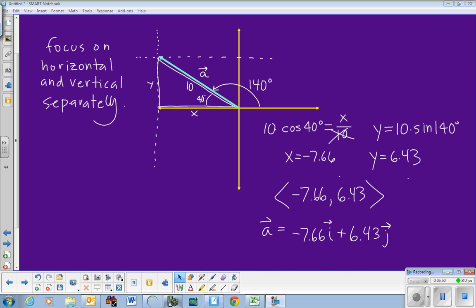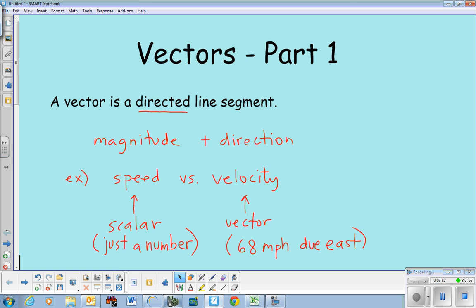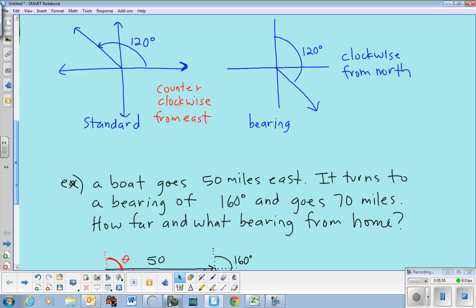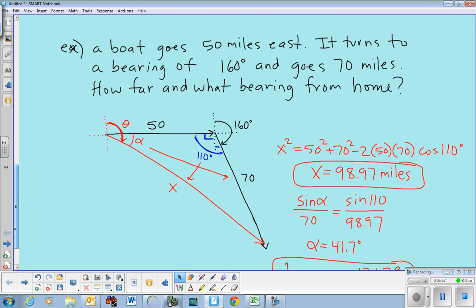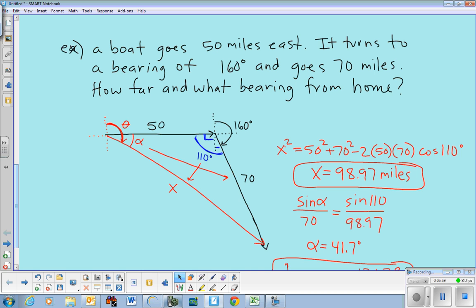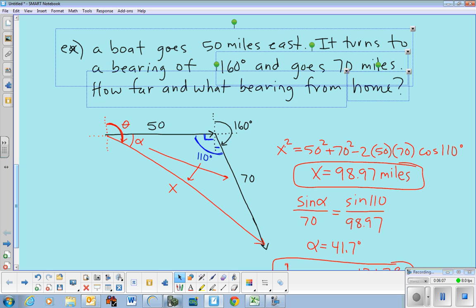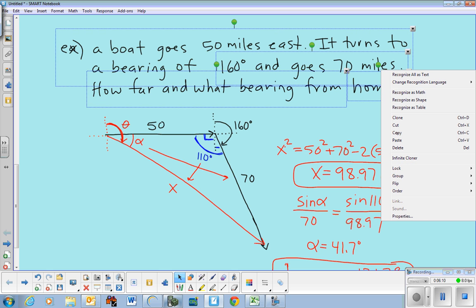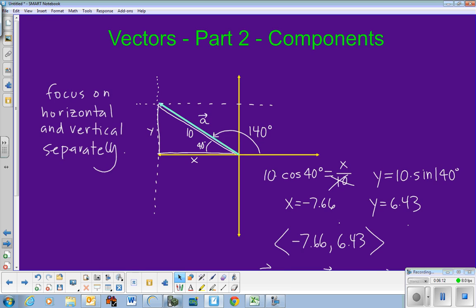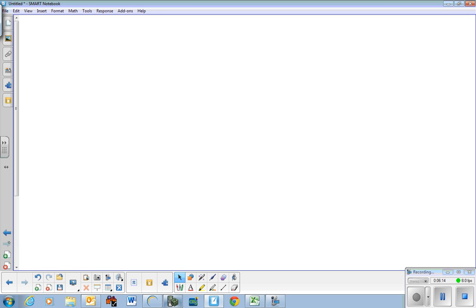So what I'd like to do is go back to vectors part 1, and let's answer this question again, except let's answer it using components instead of using the law of cosines. So I'm going to copy all this, and we'll answer it again over here.